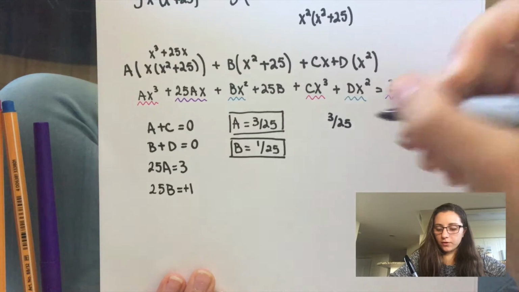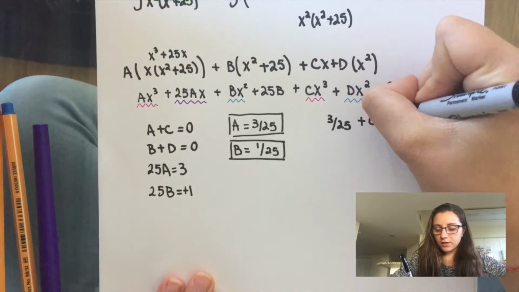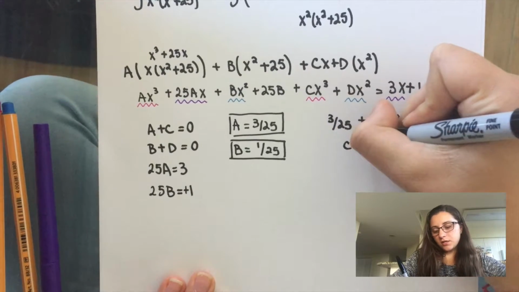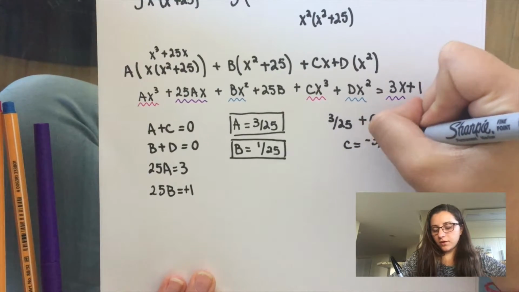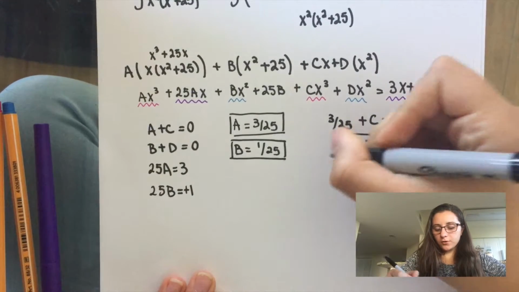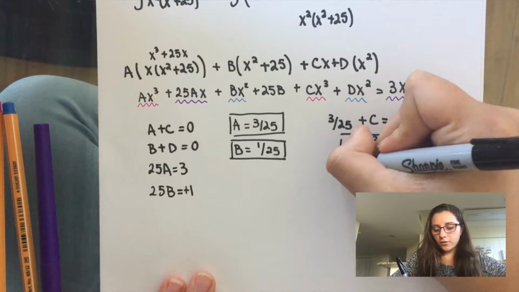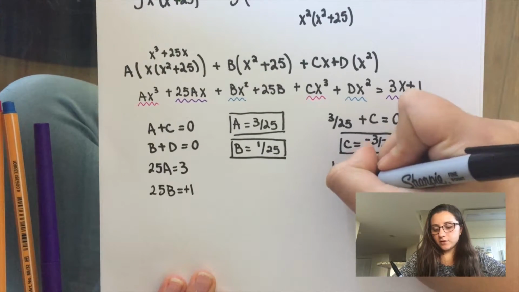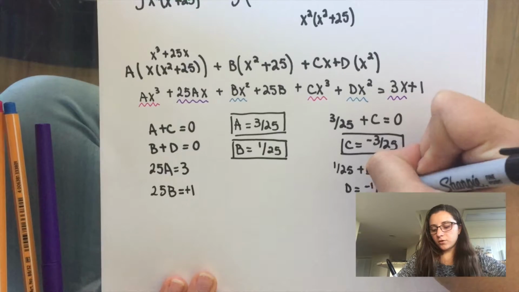So we have that 3 over 25 plus C is equal to 0, so our C equals negative 3 over 25. And then for our D, we're going to do the same thing. We have negative 1 over 25 plus D equals 0, so we have that our D equals 1 over 25.